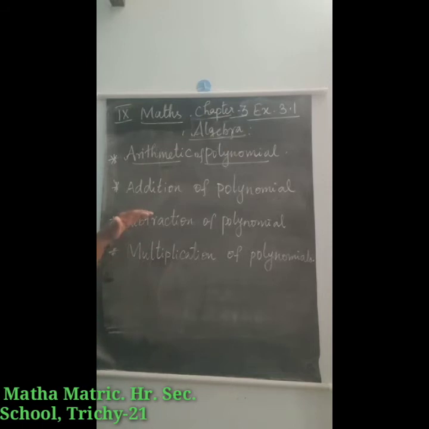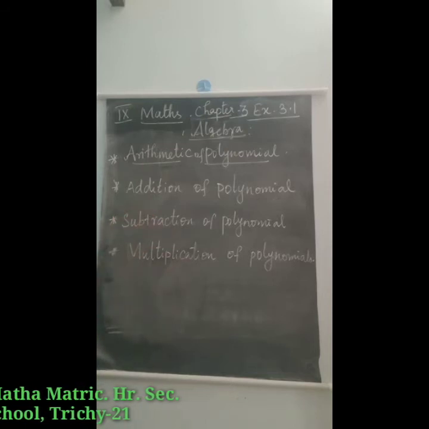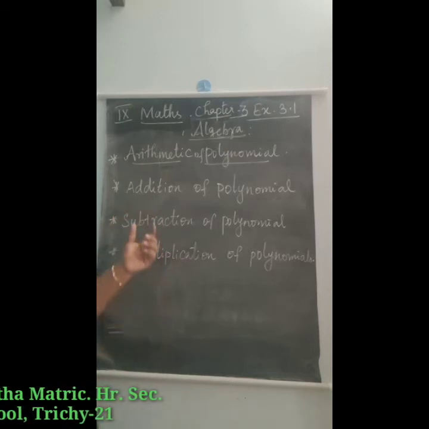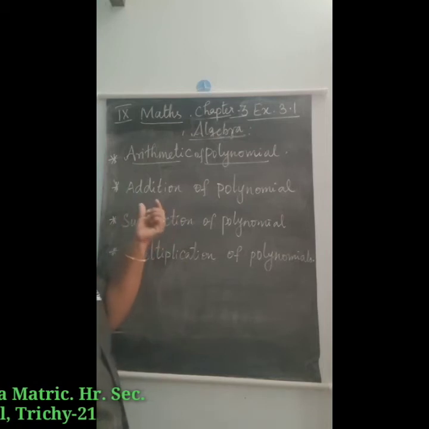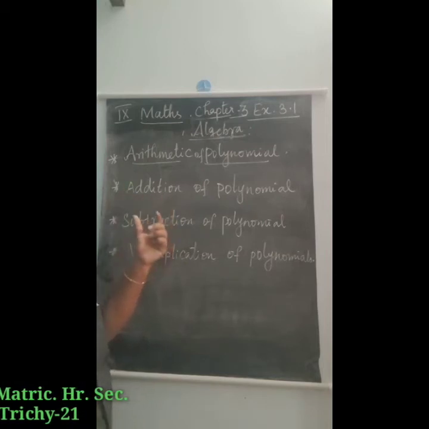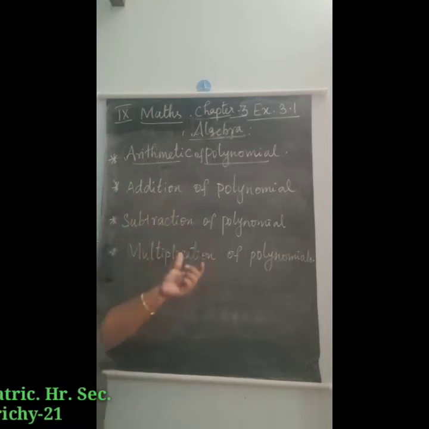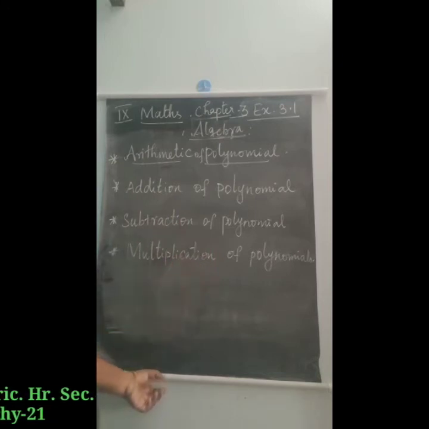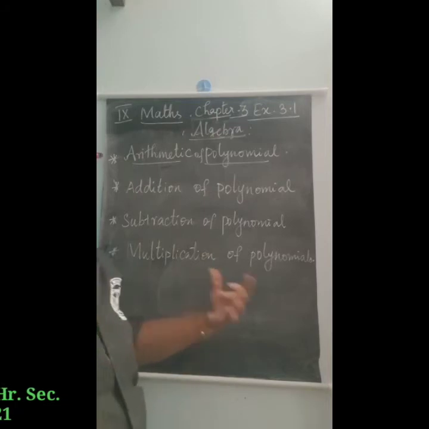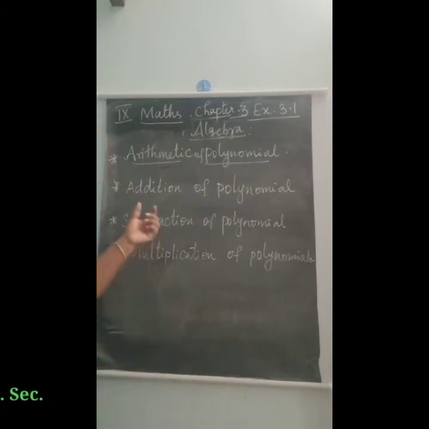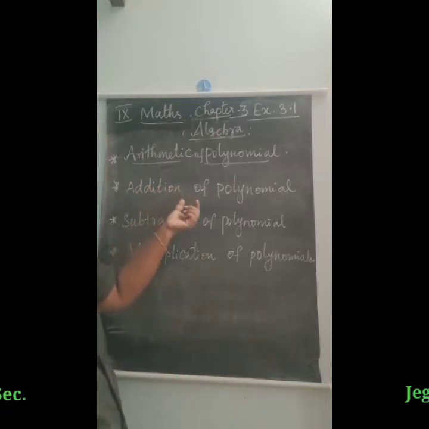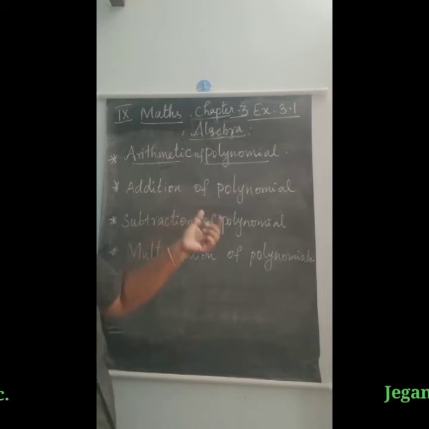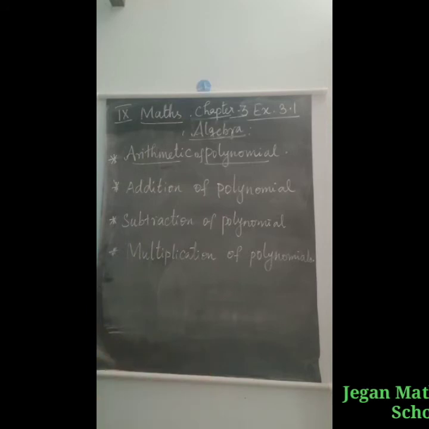Next one is addition of polynomials. Only like terms can be added, but addition of unlike terms gives a new polynomial.